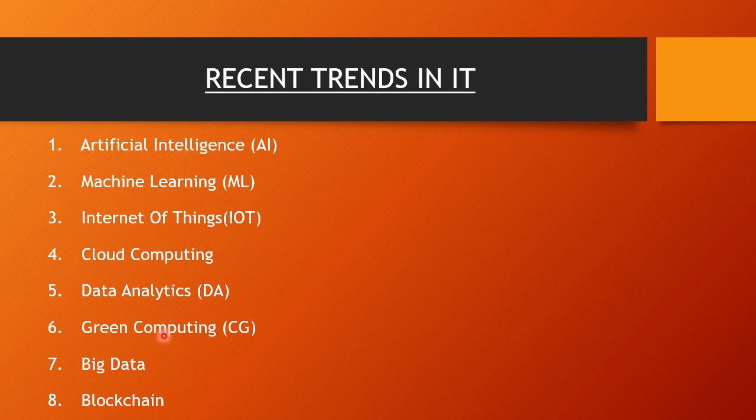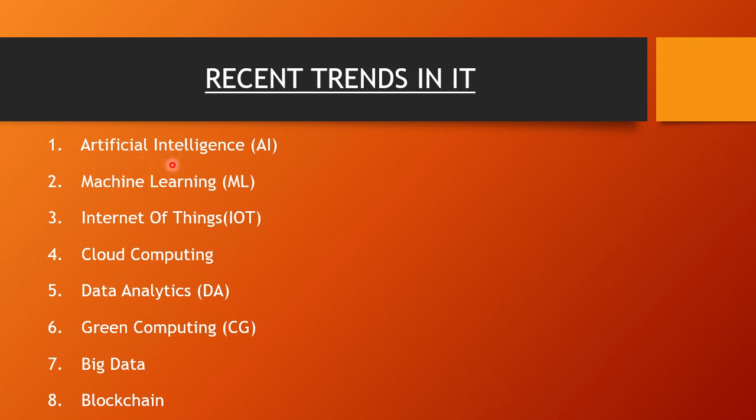Okay, machine learning is a subset of artificial intelligence, because in machine learning we teach the machines to learn. Artificial intelligence means the way human beings or animals think, in that way the machine should think.